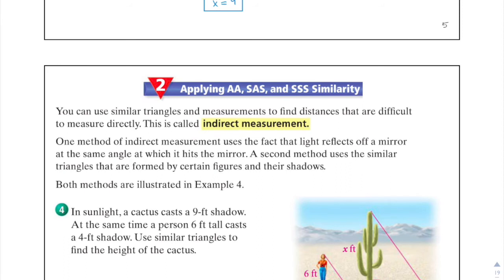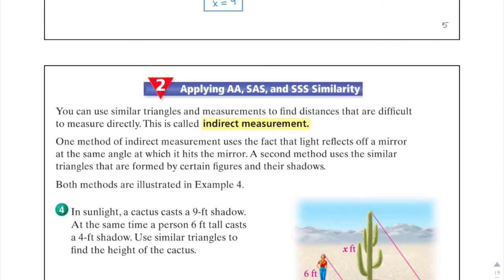Why is indirect measurement so important? Well, think about the pyramids in Giza in Egypt. There's no way to directly drill through the middle and find out how tall it is, right? There are indirect ways of measuring these pyramids.